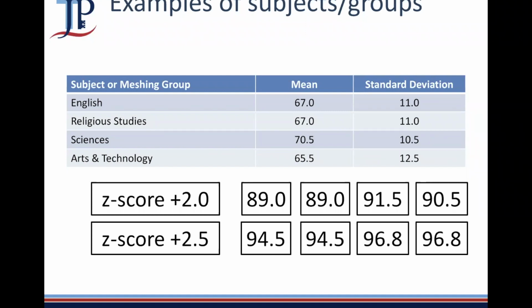And in my particular example, which might have been carefully crafted to make the point, you'll see that science and art, a student with a Z score of 2.5 actually gets the exact same score because art might be a lower mean, but it's got a bigger spread. So if you're doing 2.5 Z scores above, that bigger spread actually pulls you up, right up with the science one in this example.